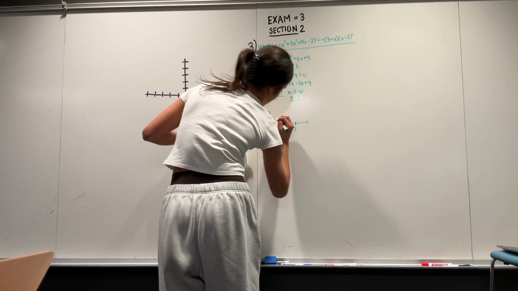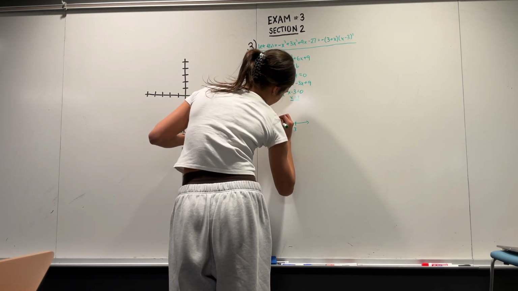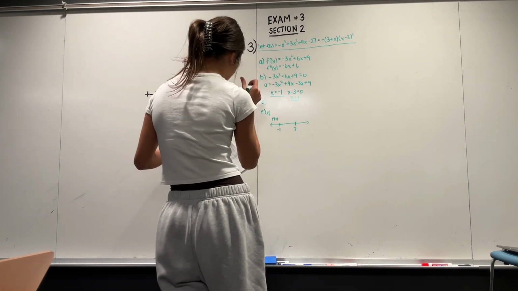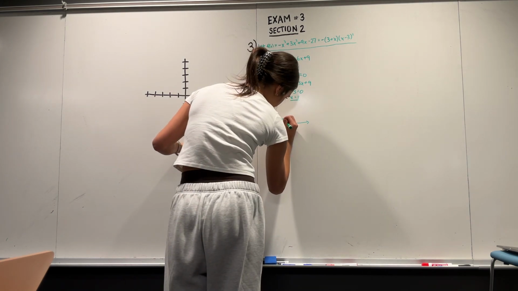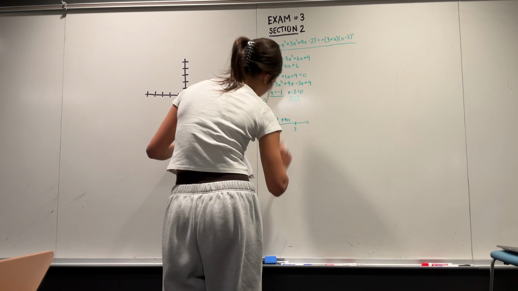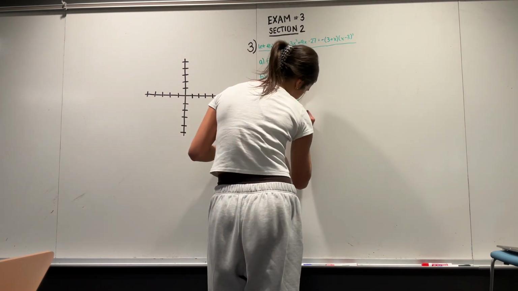So then we're going to choose values in between each of those and evaluate. So I'll do f prime of negative 2, and then f prime of 0, and then I'll do f prime of 4.